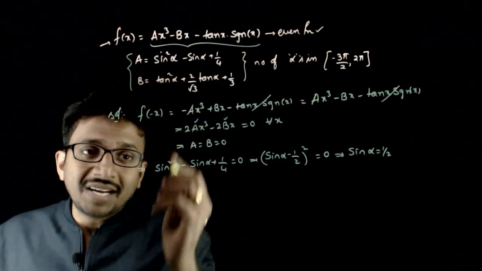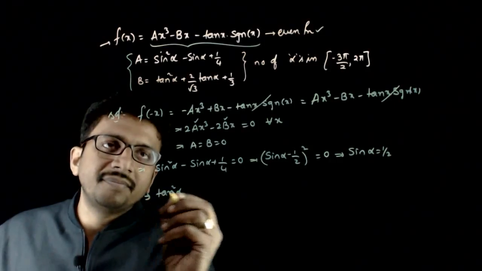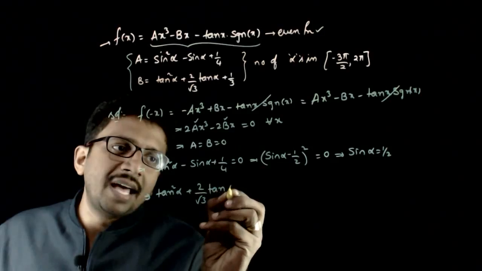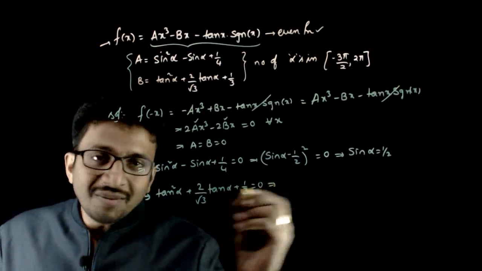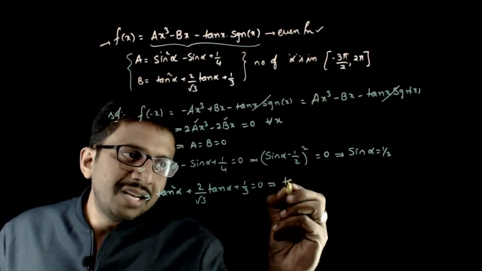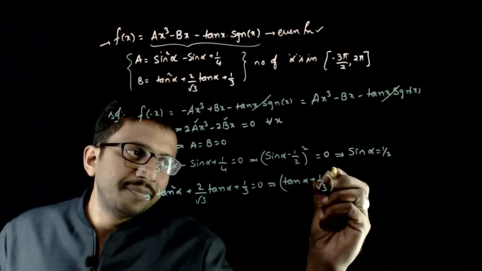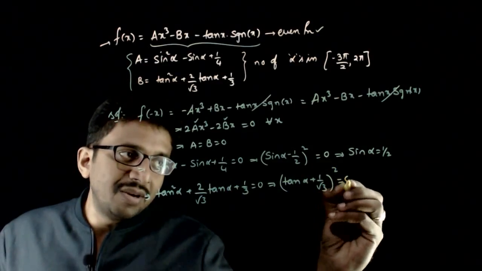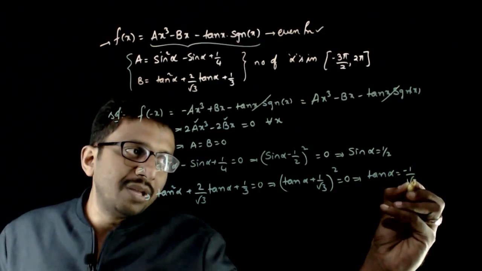And similarly, if you take the second equation, tan square alpha plus 2 by root 3 tan alpha plus 1 by 3 is equal to 0. This is nothing but tan alpha plus 1 by root 3 whole square equal to 0. This implies tan alpha is equal to minus 1 by root 3.